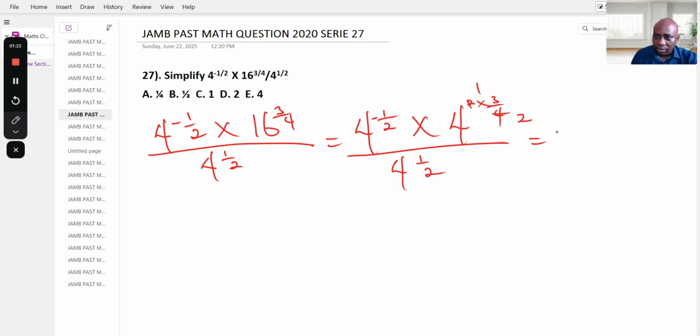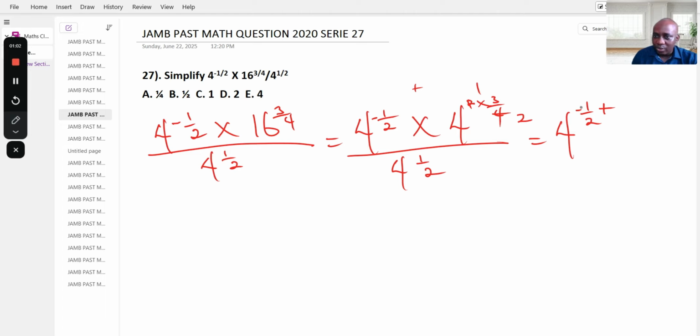The next thing we're going to write is 4 raised to the power minus 1 over 2. Anything multiplied in mathematics, you have to turn to plus for the powers, because we have multiplication here. Just add the powers. What we have left here is 3 over 2, because we have cut out the 2 and 4.